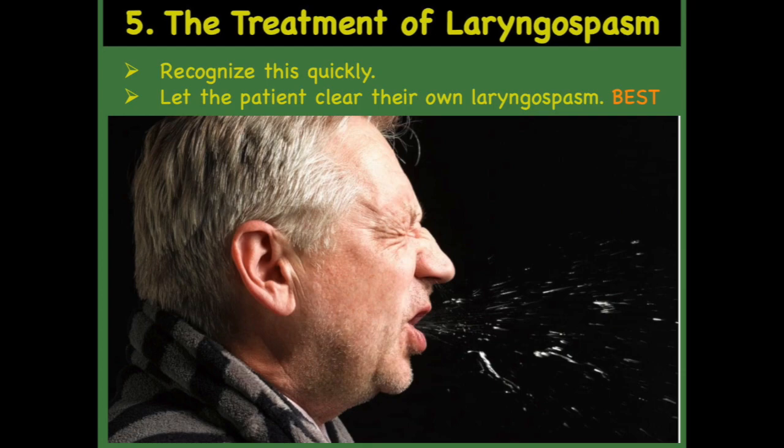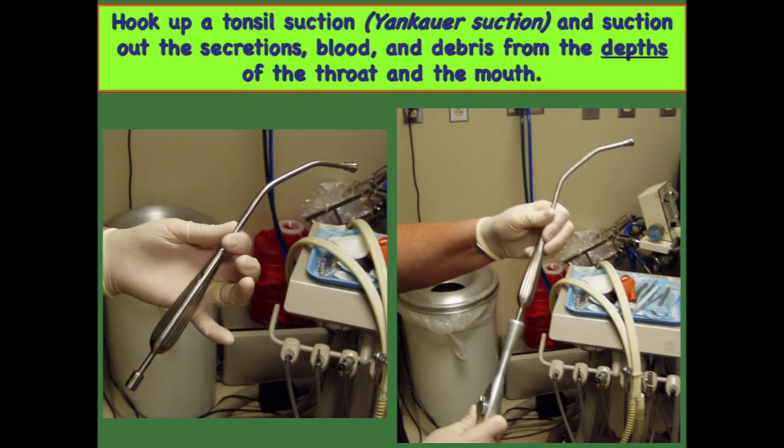And again, if the patient is highly sedated or asleep, it's going to be really hard for them to generate a good high pressure cough to break the spasm. It's just a naturally occurring thing that happens with our bodies to open our airways. We're going to use the tonsil suction, the Yankauer, or our slow speed suction, both of those until you get the Yankauer hooked up to your high speed suction to suction way down deep in the throat.